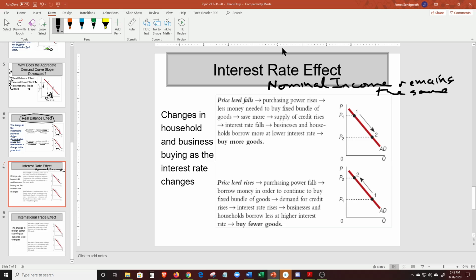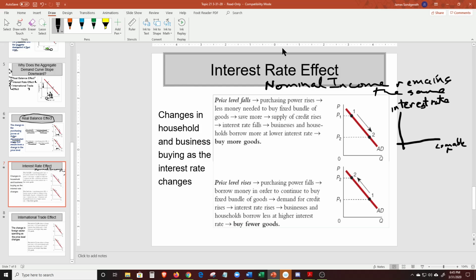And so what we're leaving out here is that not only do we have the final goods and services market, but we're really talking about the money market here. And we're talking about the interest rate being the price of borrowing money or saving money. And then, of course, the amount of loanable funds or money here.